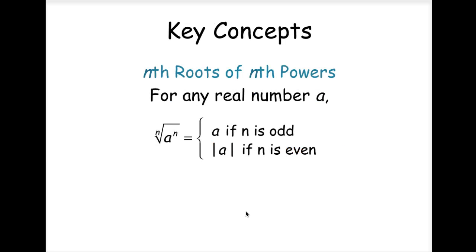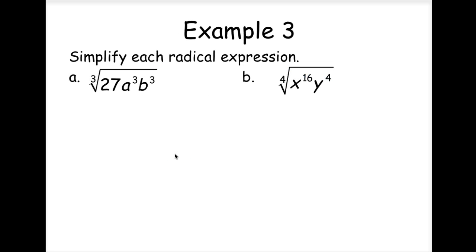Another key concept that we noticed in the previous examples: if we've got the same index as we have a power, then the answer is just the radicand. If n is even, though, then it's going to be the absolute value of a, if both of those are even. Simplify each radical expression.